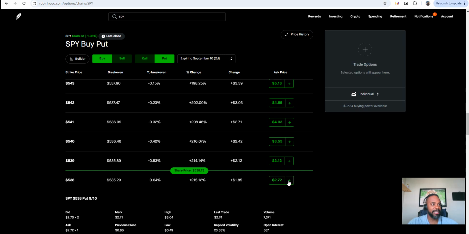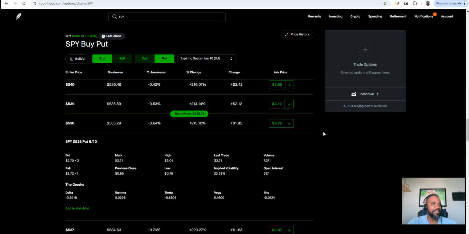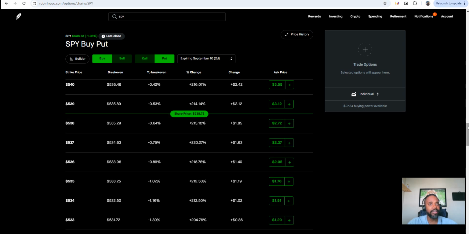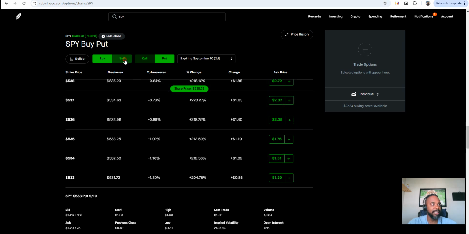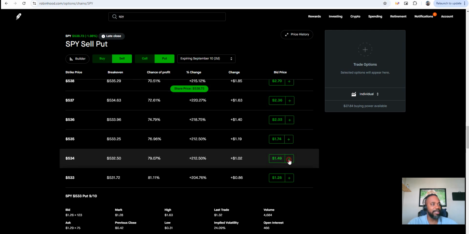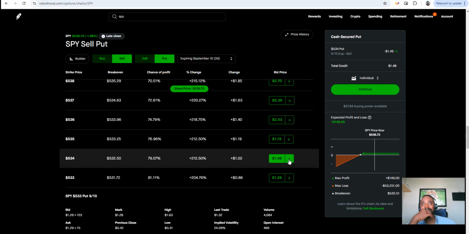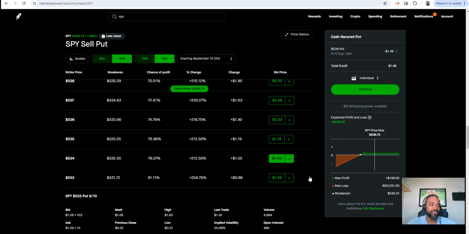Now, let's talk about selling puts. So I'm going to take that off. And let's say I don't see this stock, or ETF, I'm sorry, going below 534 over the next 2 days. Now, it's a little bit different with this one because when you're selling a put, you're essentially saying, I would like to buy this stock below this particular price, right?